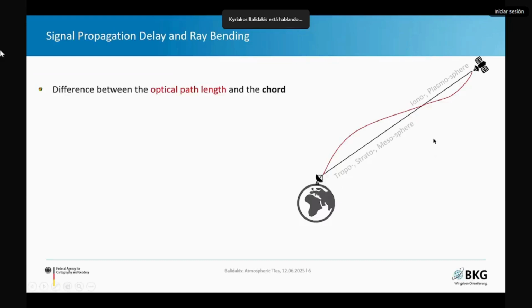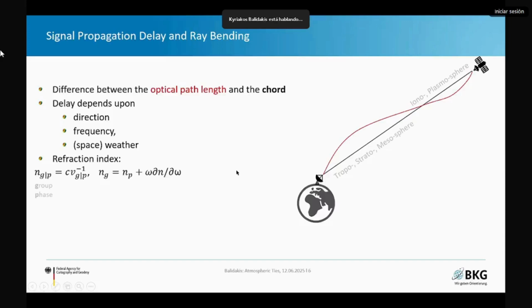But what happens in reality is that the signal emitted from the satellite travels along a bent path, and at a speed slightly smaller than the speed of light because of refraction. Now, this delay depends on the direction, the frequency, and of course the density of the medium. It matters the electron density in the ionosphere, and also the pressure, temperature, and humidity in the troposphere.